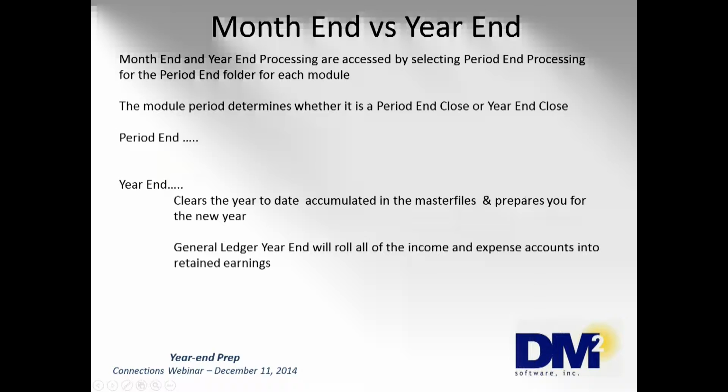So if you have vacation and sick carryover hours, it will reset them to 0. It also sets the tax limits and the 401k deposit limits to 0. So there is definitely a difference between the period end and year end.